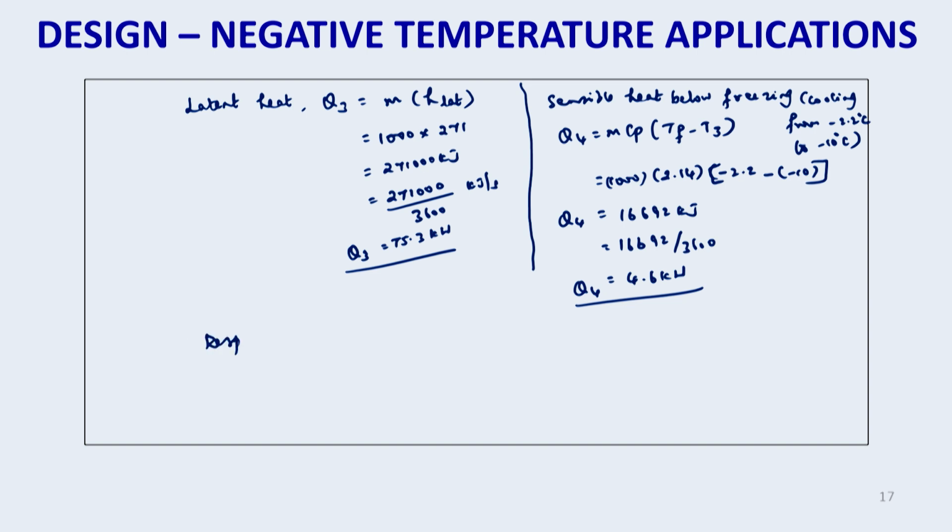Respiration load, Q5, is equal to 0, since assorted fish is not a live product.